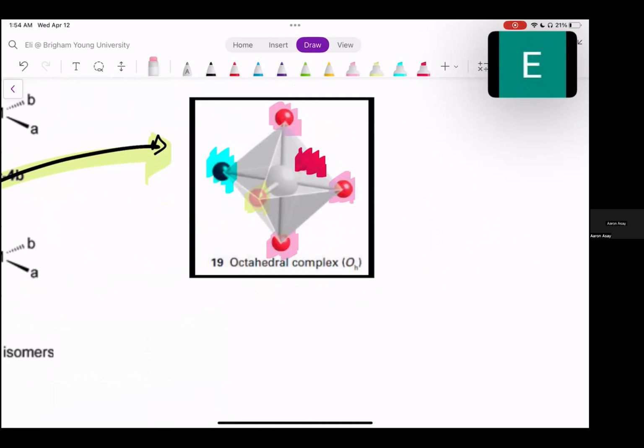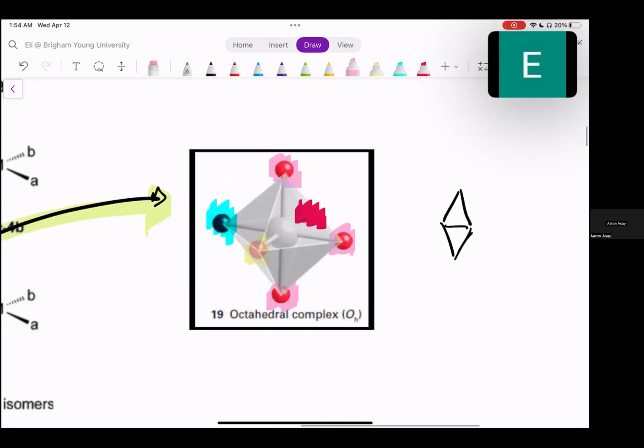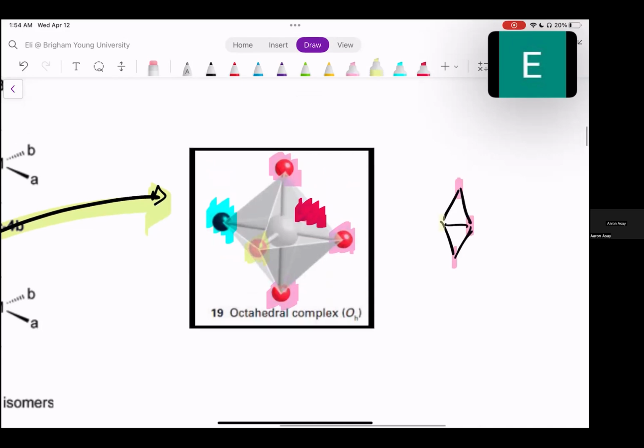So the line of symmetry, it's kind of hard to see in this one, is going to be right through. If you look, let's say we set it up like this, where we have pink on the top, side, side, so these ones are lining up.